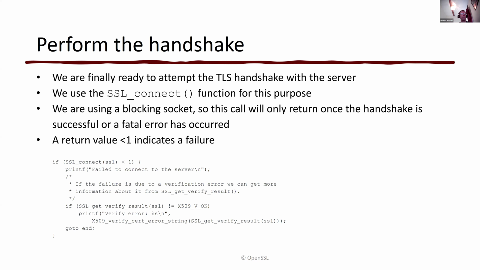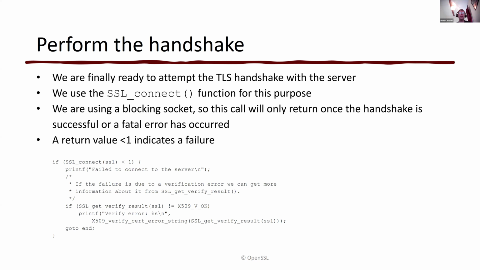So I've got a bit more code in this example here of how to handle a failure. I'm just showing you here that we can get a little bit more information. A common cause of failure at this point is because the certificate verification has failed, and that can be for a number of reasons. So if SSL_connect fails, I'm going to call this function SSL_get_verify_result, and that gives us a code to tell us what happened when we tried to verify the certificate.